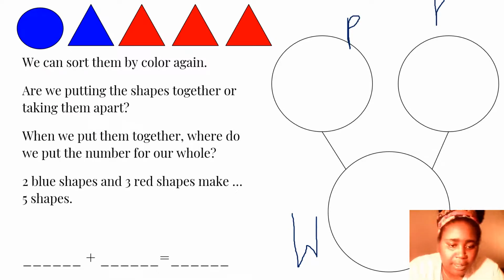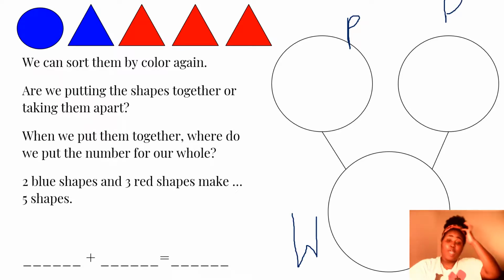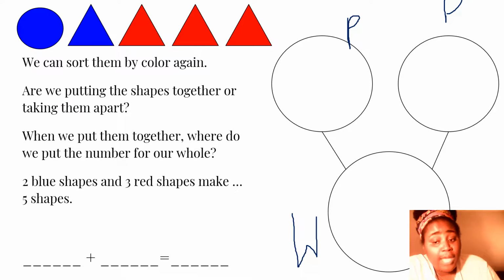That's a weird P. Let me erase that and write another one. Anyway, so now we are going to sort these ones by color. So it does not matter if it is a circle or a triangle. It only matters what color it is.